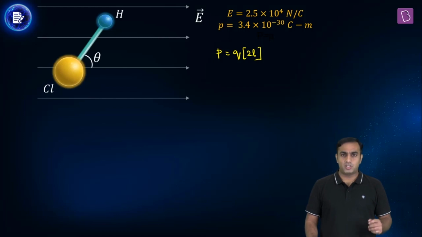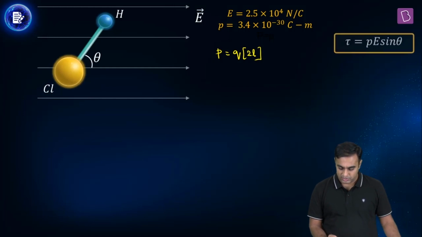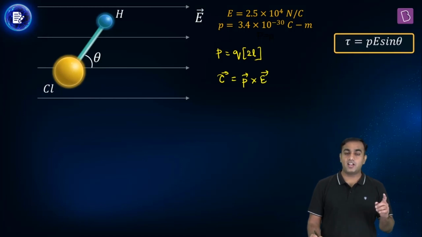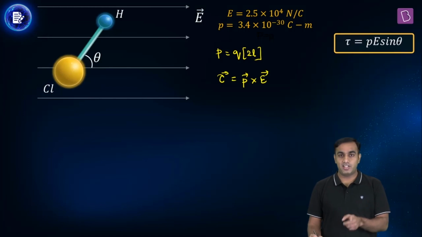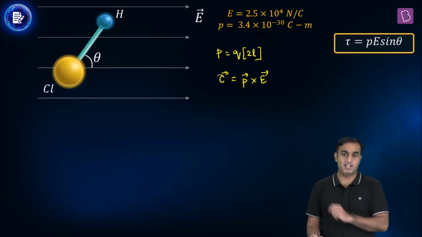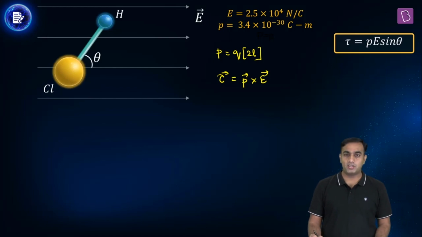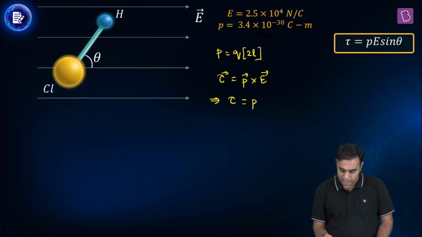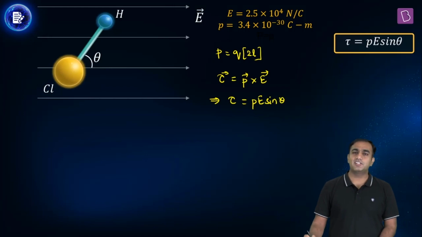If you look at the torque acting on the electric dipole, it happens to be tau equals P cross E. What is P here? Electric dipole moment vector. And vector E is external uniform electric field applied. Tau is the torque acting on the electric dipole. In magnitude, you can write it as tau equals P E sine theta. What is theta here?